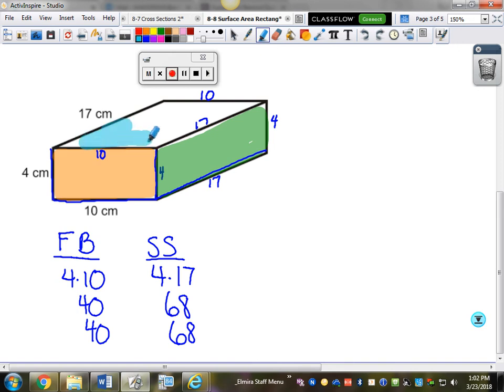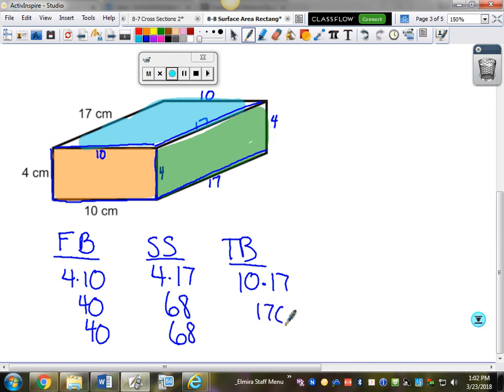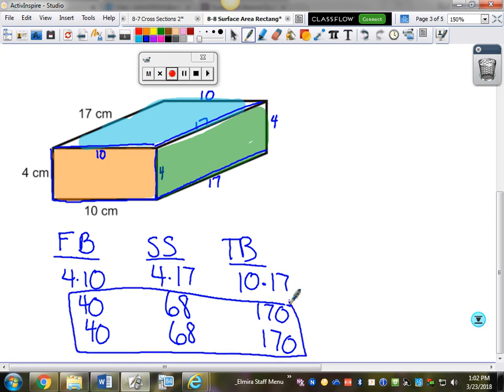We also have a top and a bottom, 10 by 17, which is 170, but there's two of them. Now we know the area of all the sides. Surface area is when we add all those areas together, and we get 556.